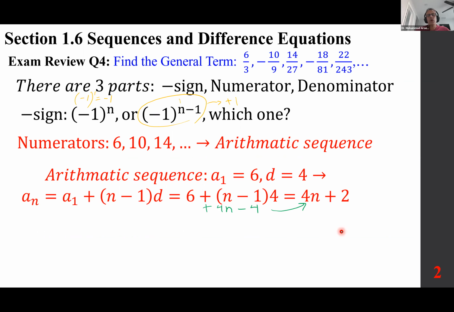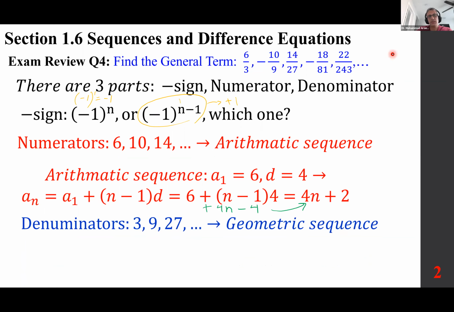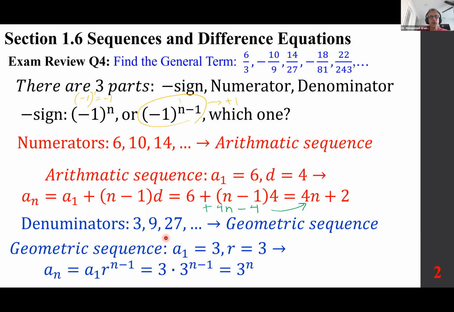The last part, the denominator, just write them down and notice this is a geometric sequence, because the first one, 3 times 3 is 9, times 3 is 27. So geometric sequence: a sub n is a sub 1 times r to the power of n minus 1, right? And what is the first term? 3. And when you divide, it happened to give you 3 also.